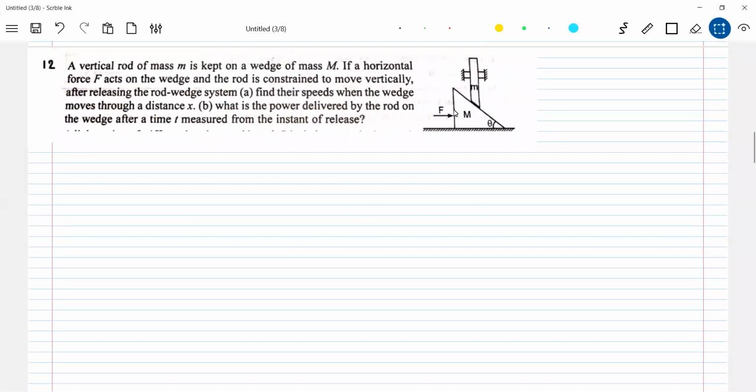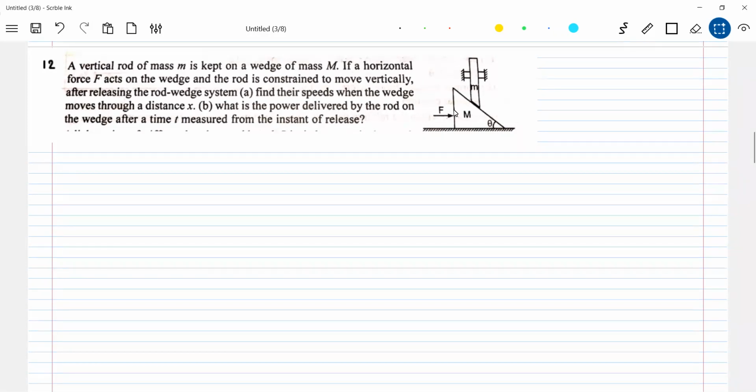A vertical rod of mass m is kept on a wedge of mass M. If a horizontal force acts on the wedge and the rod is constrained to move vertically, after leaving the rod system, find the speeds when the wedge moves through a distance x. I think you have already come across this one.